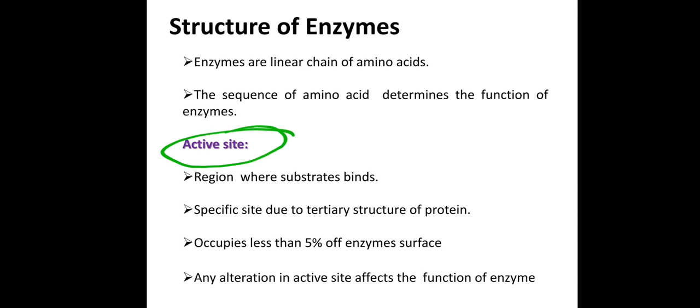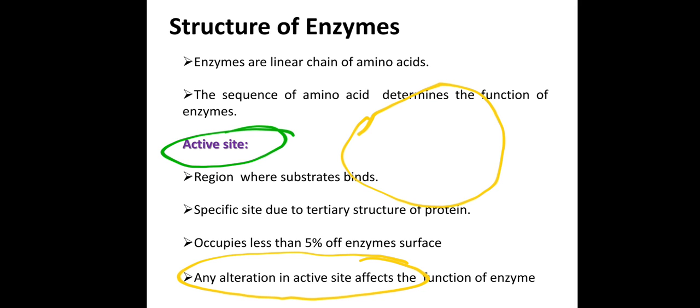If by any reason these active sites are altered, then enzyme activity will not take place. Let's say this is one particular enzyme, and there is a very small region. I'm drawing a little bigger one. This is the area to which a substrate can bind, where the reaction is going to take place.